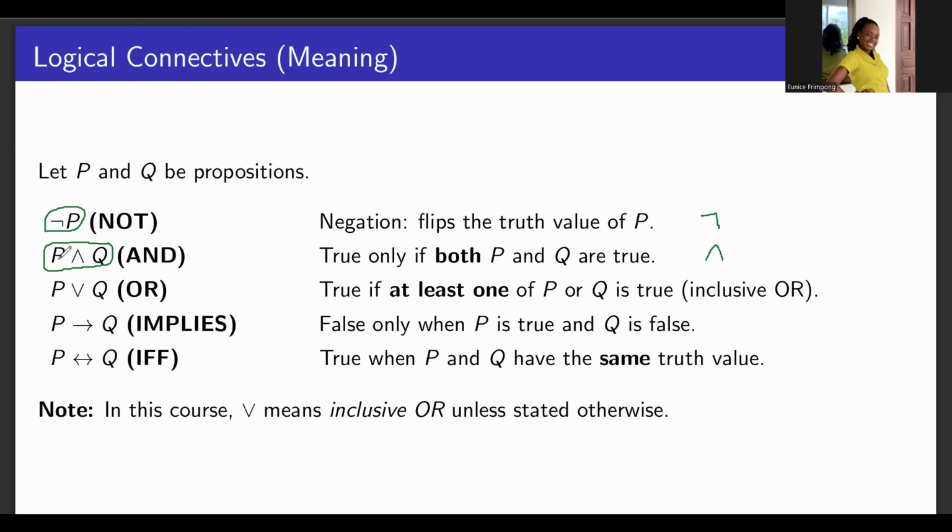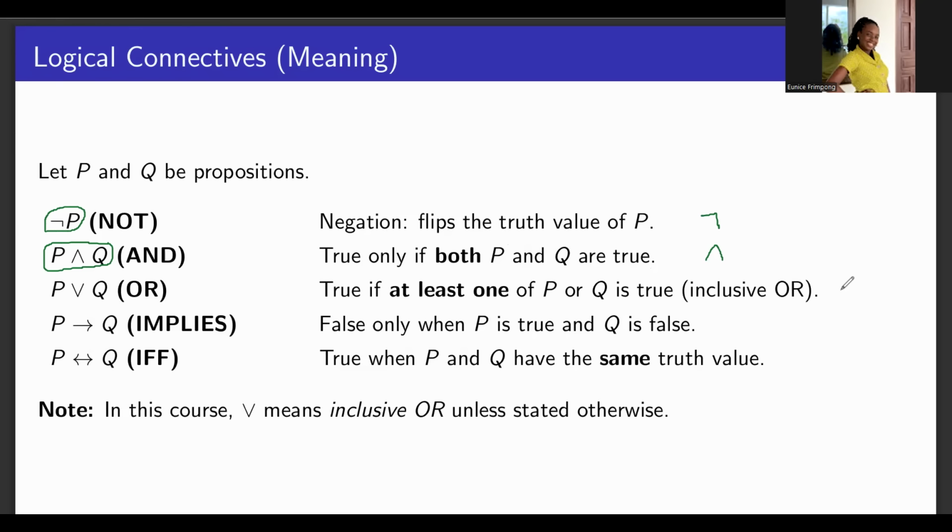You have two statements, statement P and statement Q. P is a proposition, Q is also another proposition, and we have combined them into this compound proposition, P and Q. This compound proposition P and Q is true only if both P and Q are true. So P must be true, Q must be true for P and Q to be true. If one of them is false, then we say that the compound P and Q is also false.